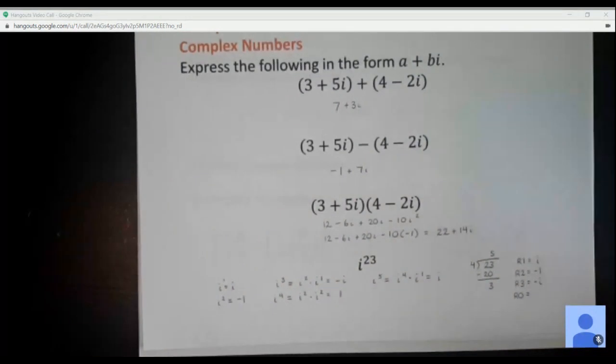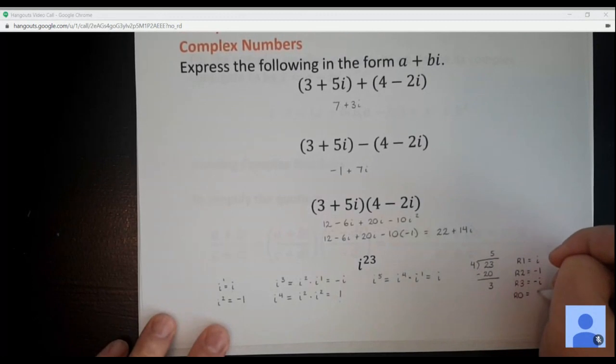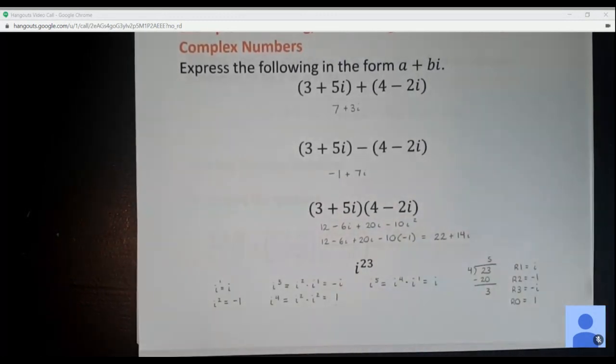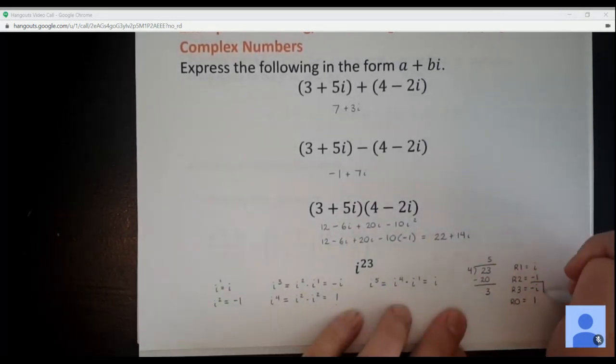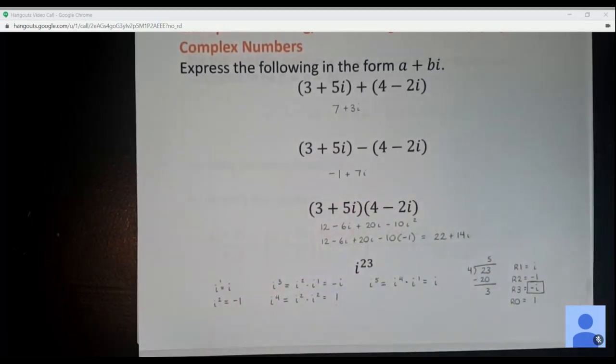And the reason it's 0 and not 4 is because if it was 4, then 4 would still go back into 4, right? So a remainder of 0 in this case is just going to give us +1. So that's the pattern we need to know. So our remainder this time was 3. Therefore, our answer should be -i.